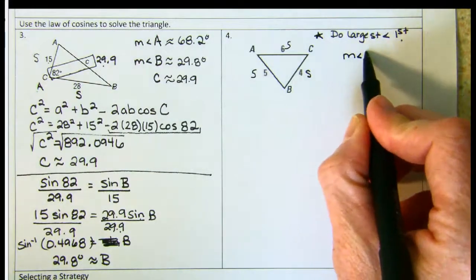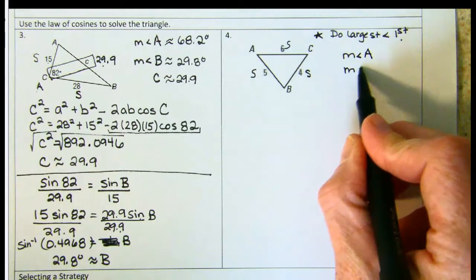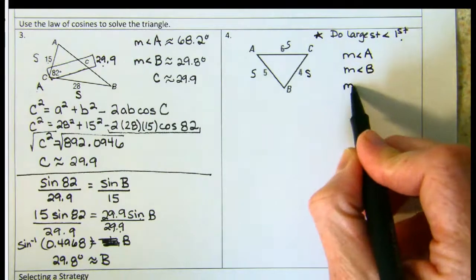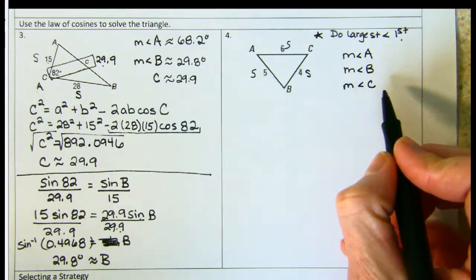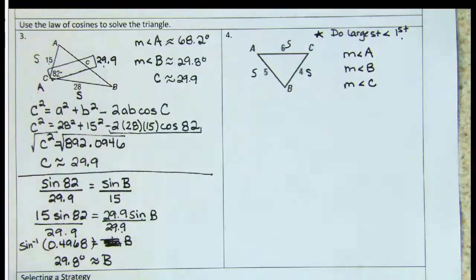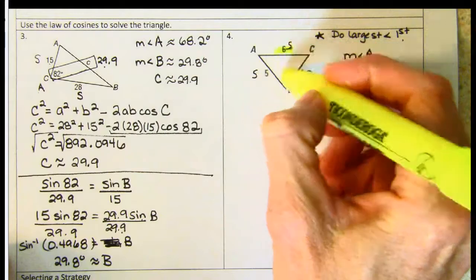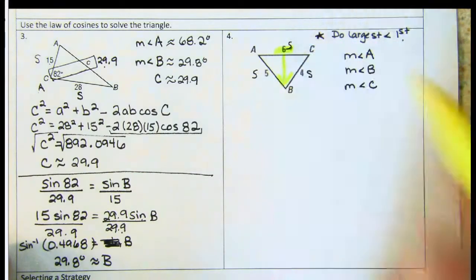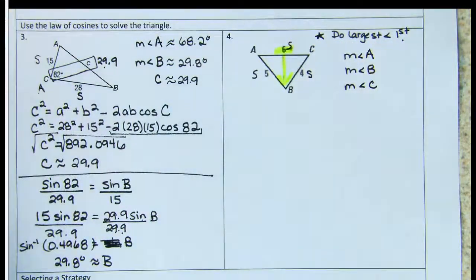So, we need to do the measure of angle A, the measure of angle B, and the measure of angle C. Now, the question is, which one is the biggest? Well, if you know your triangle rules, if 6 is the biggest side, then B is going to be the biggest angle.